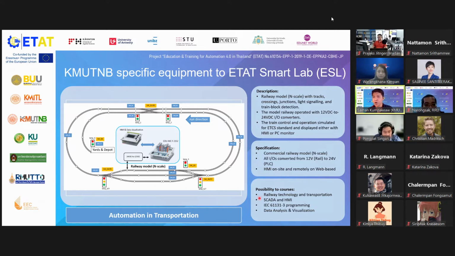The possibility for the course, certainly, is the railway technologies and how to operate and control them, about the SCADA and HMI, and the fundamentals of the IEC 61131-3 programming. And lastly maybe about data analysis if we have several tracks of trains and so on. So that's all for me now.